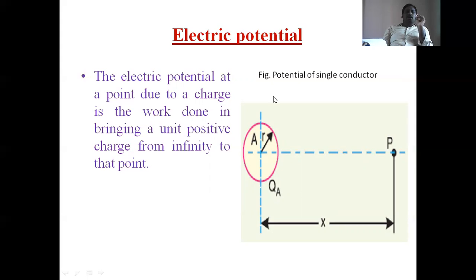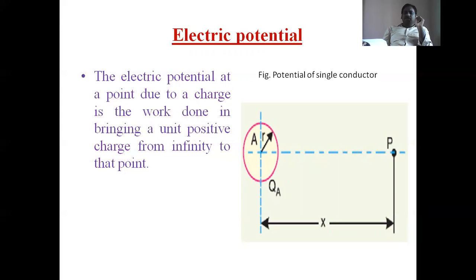That means here, the electric potential at a point due to a charge, the charge being QA here, is the work done in bringing a unit point charge from infinity to that point. In the lower classes we already discussed the definition of electric potential or voltage: the amount of work done to move a charge from one place to infinity.